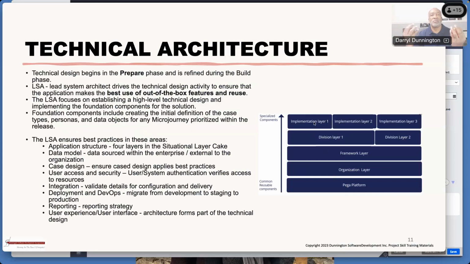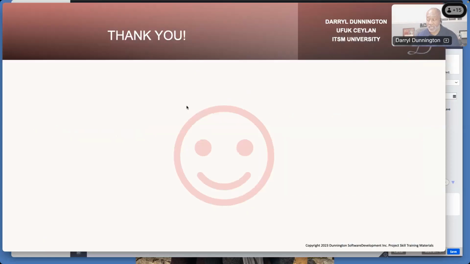So don't get confused by those. If you see it as the way it's presented here, it's more of the search order. If you see it the other way with the organization layer at the top, then that's more of the hierarchical view of object-oriented inheritance. And I believe that's it.